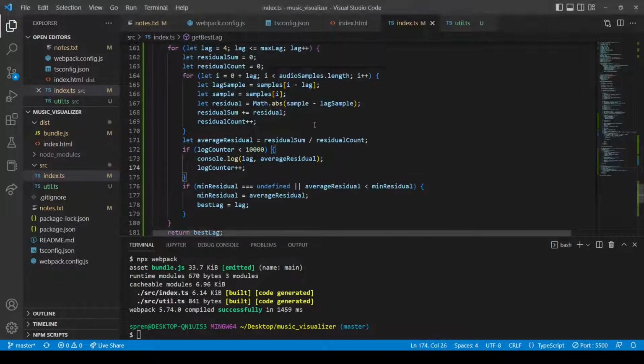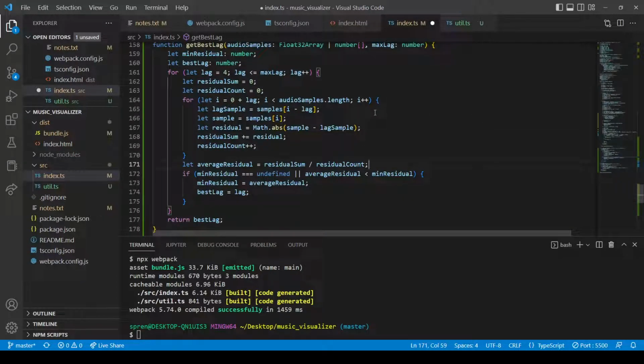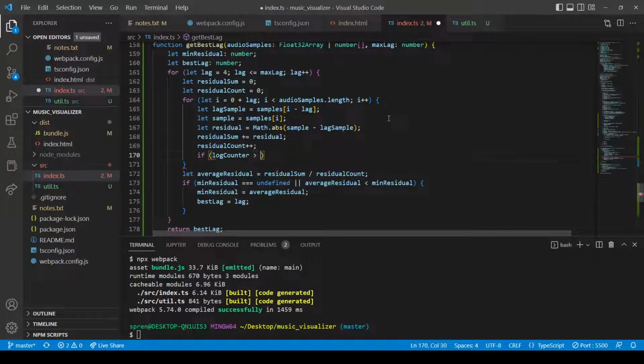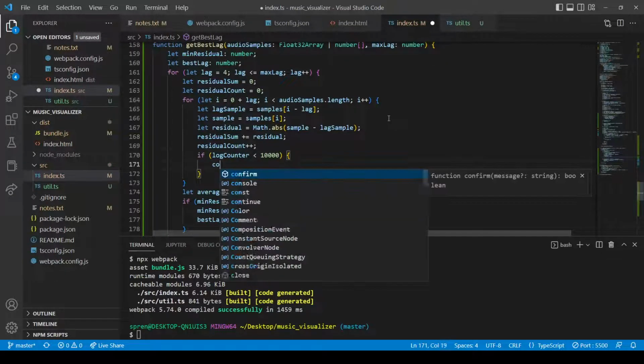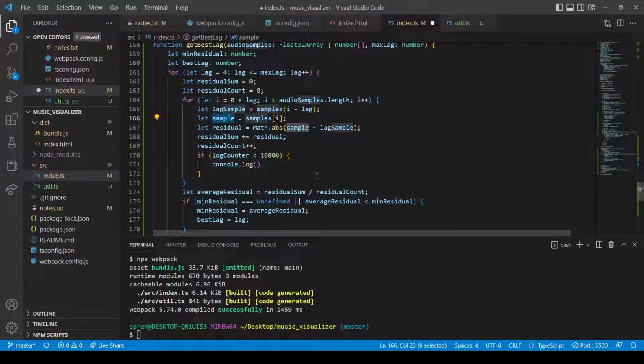Okay, I'm gonna come back over here. And now I'm really paranoid. I want to log like the actual sample and the lag.